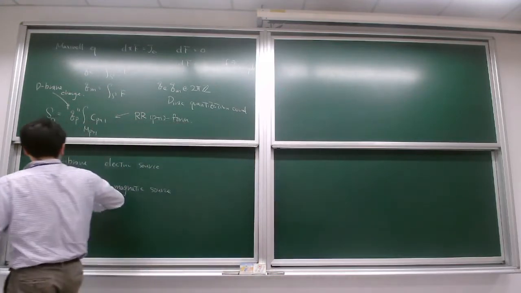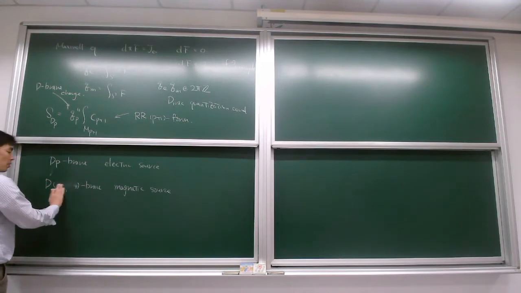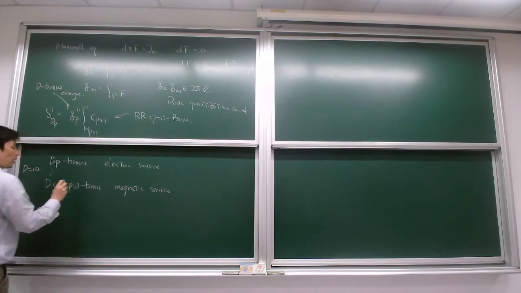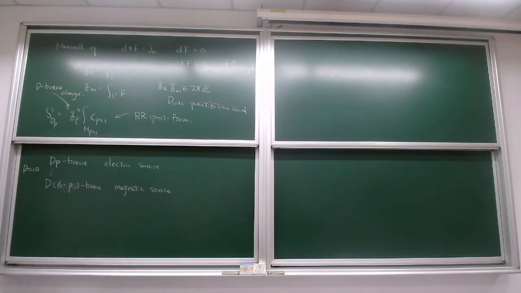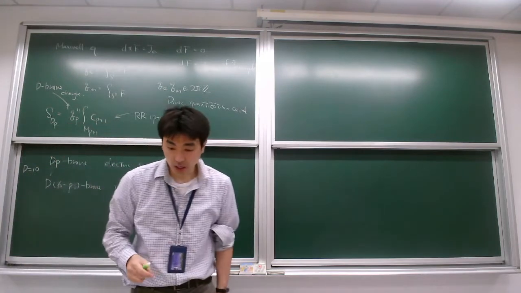Let's assume D is equal to 10. So this is the (6 minus p)-brane, and the (6 minus p)-brane is the magnetic source.